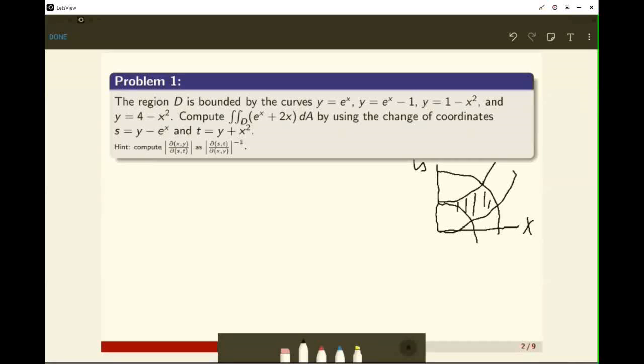Goodness, I'm talking about them backwards. Yeah, our bounds are s from negative 1 to 0 and t from 1 to 4.